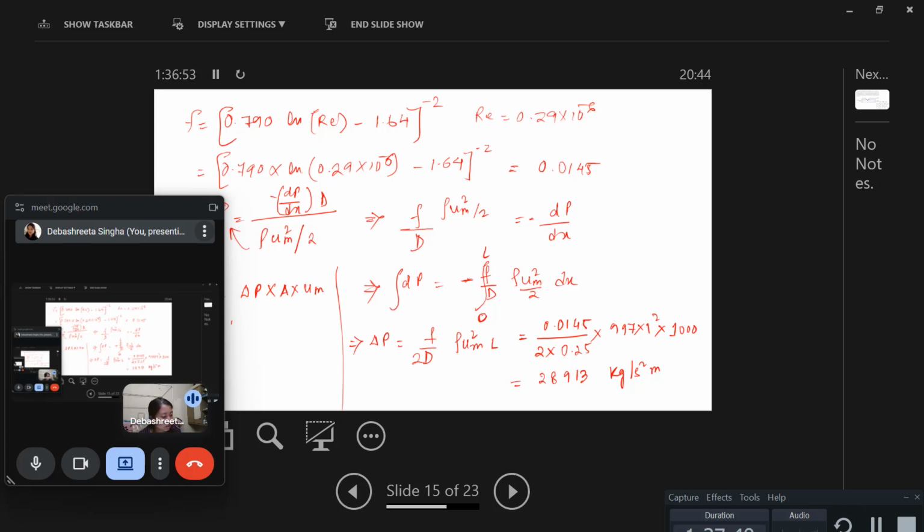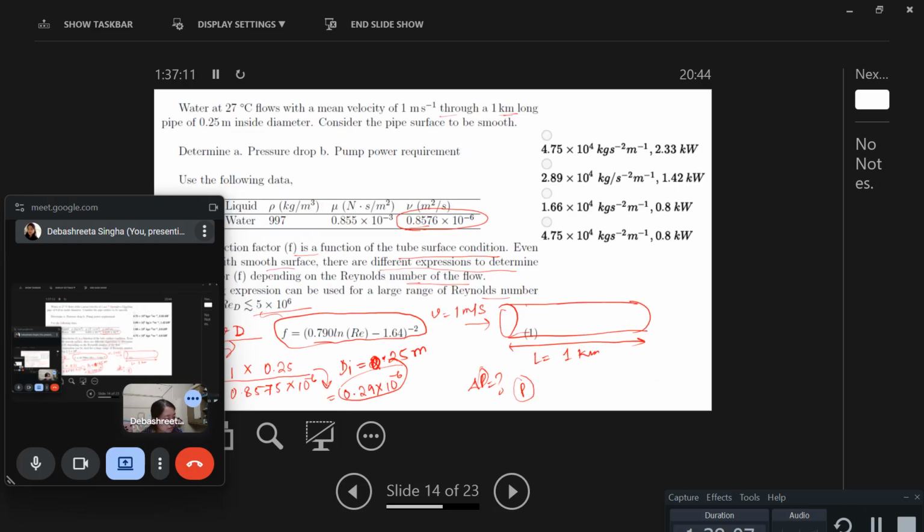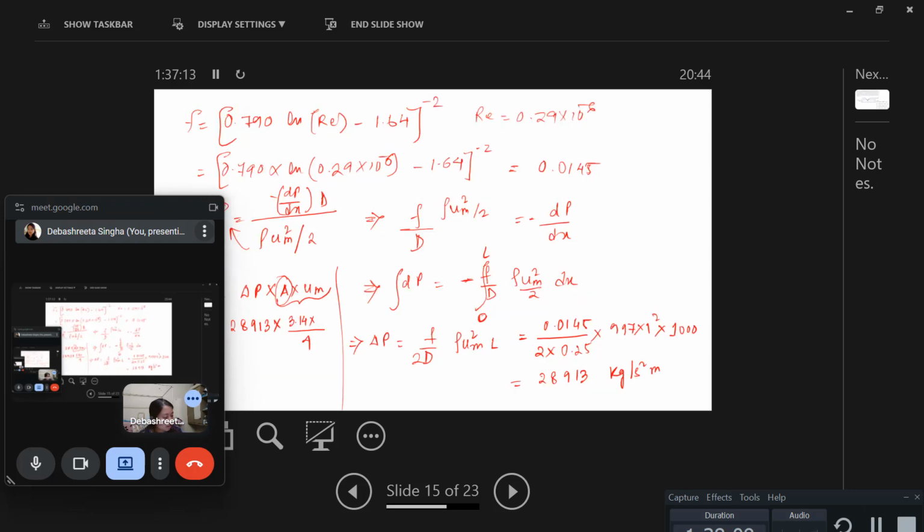So delta P is 28913 into area, which is pi d square by 4, so 3.14 into 0.25 square by 4, this is the cross sectional area, because here we are taking the volumetric flow rate, into V, which is 1.